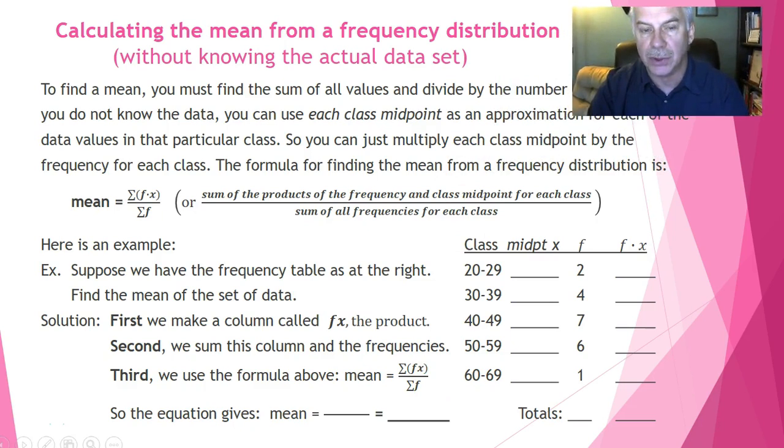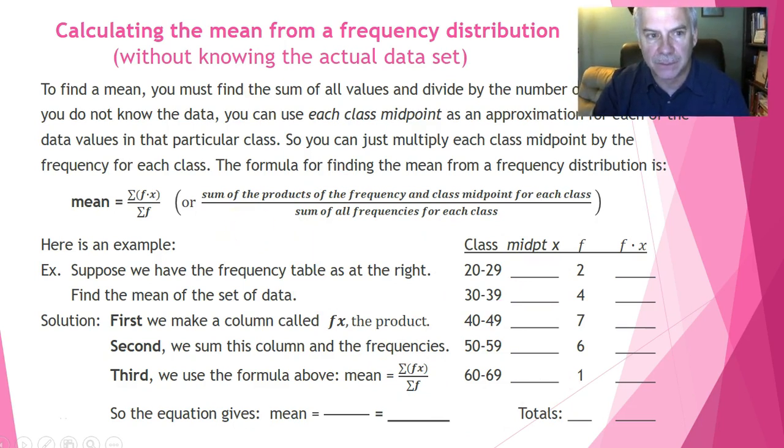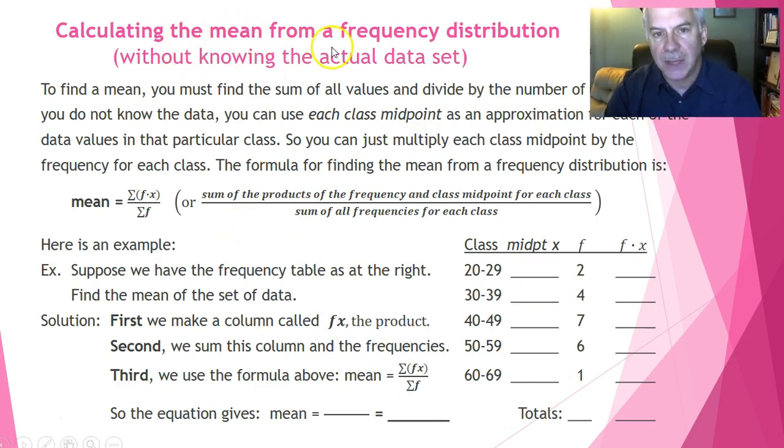All right. Now, what do you do if you have a frequency table and you want to find the average of the data? So, calculating the mean from a frequency distribution without knowing the actual data set. Look at this table here at the bottom.